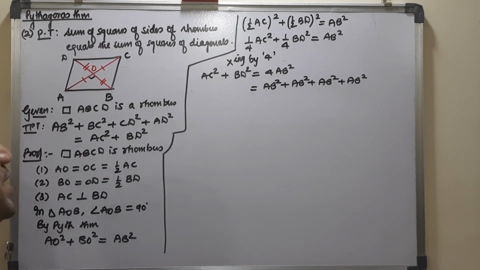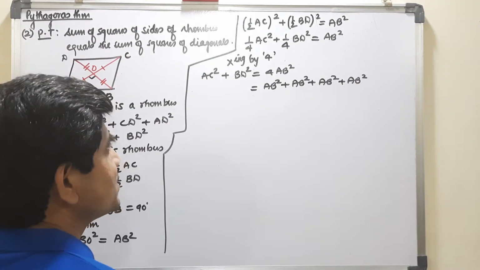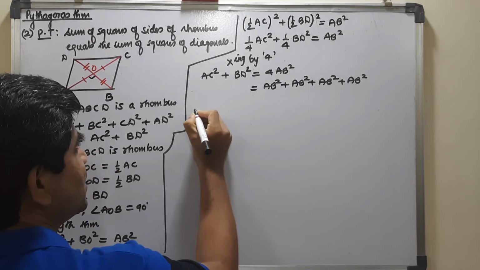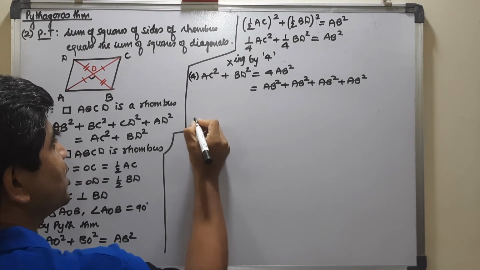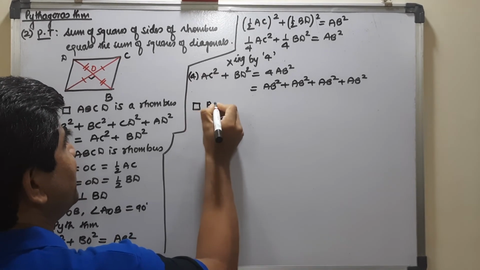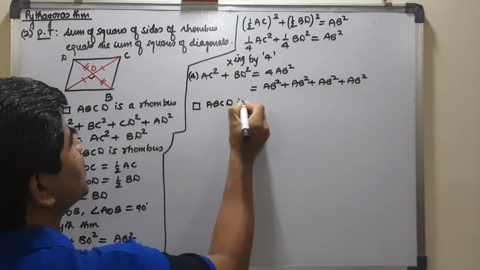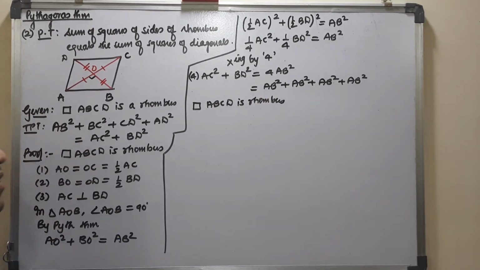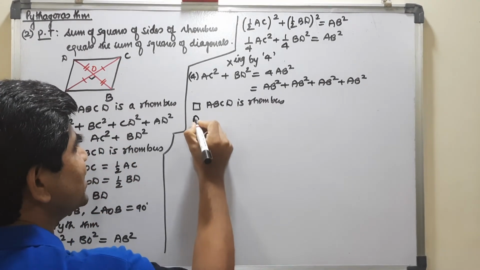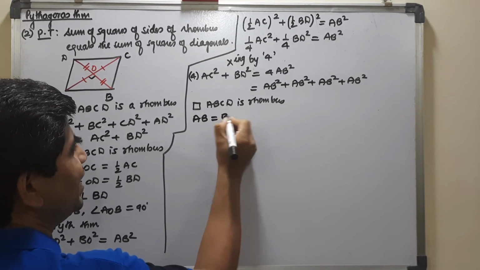Suppose this is equation 4. Now, quadrilateral ABCD is what? It is a rhombus. If it is a rhombus, then the definition says that all the sides are equal.